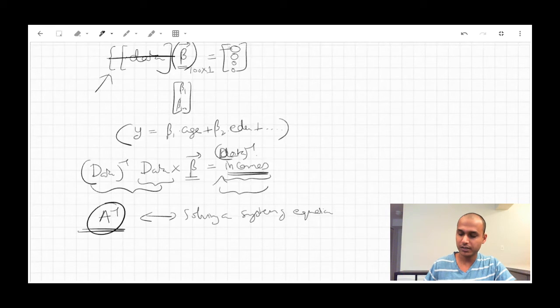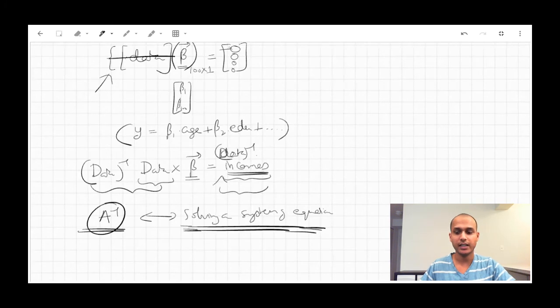So whenever you come across a step in your machine learning modeling where you think you want to compute an inverse, maybe all you care about is not the inverse itself, but some corresponding vectors. And if you want to solve for those vectors, maybe you should just solve a system of equations, because solving a system of equations, it turns out, is easier in terms of computation than finding the inverse. But this is just an aside.